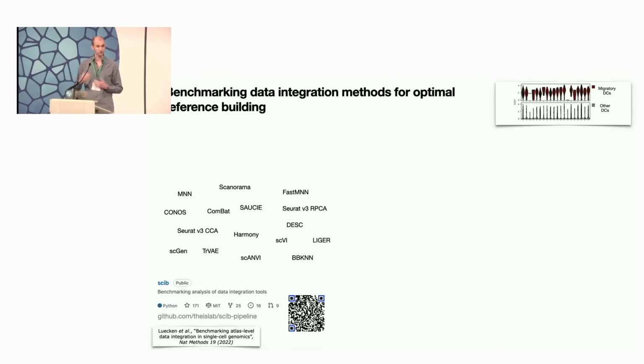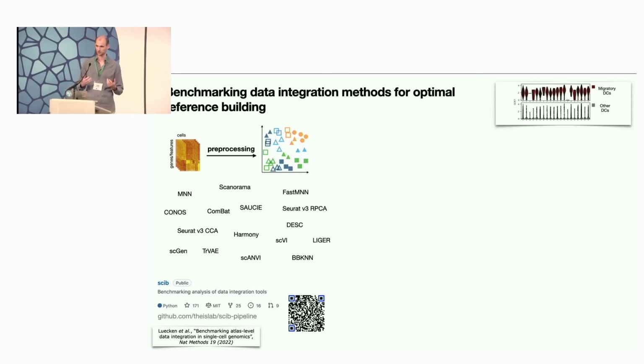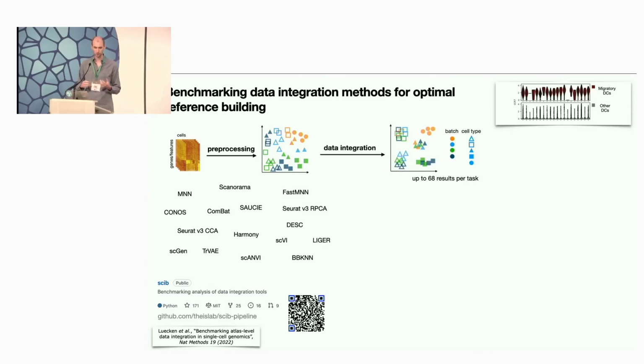So, using our work from last year on benchmarking data integration, we applied a similar pipeline to evaluate what the different integration methods are doing for our lung case. We took a subset of a couple of different data sets from the human lung, pre-processed them in different ways, because it's also not entirely clear how the pre-processing affects this integration, and then applied a whole host of these data integration methods.